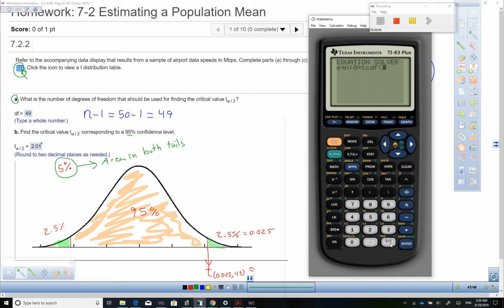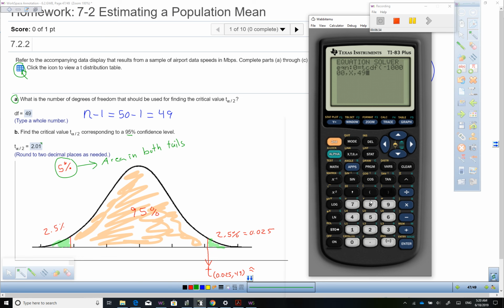I always select negative 10,000. You might choose any other extreme negative value, comma. My upper value will be the x. That's the value we are finding. Comma, the degrees of freedom, which is 49.